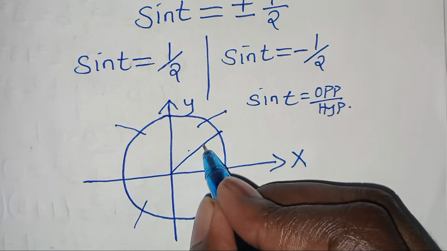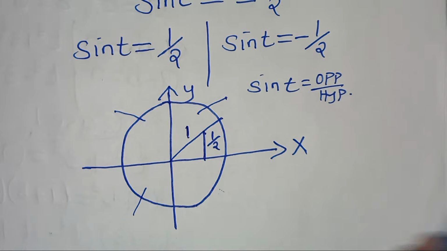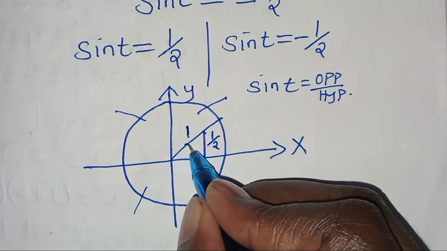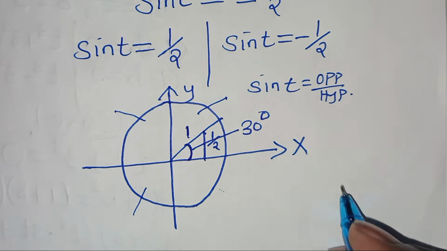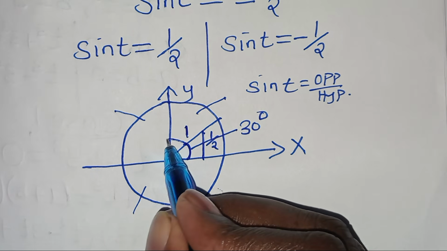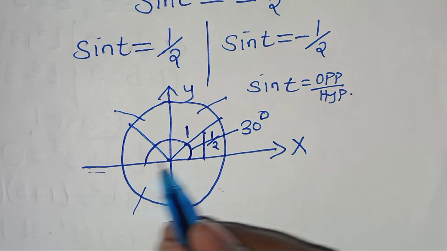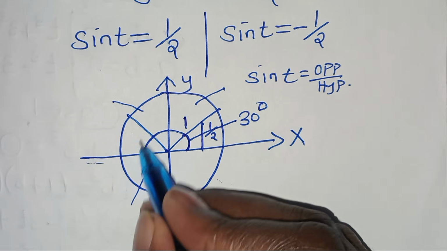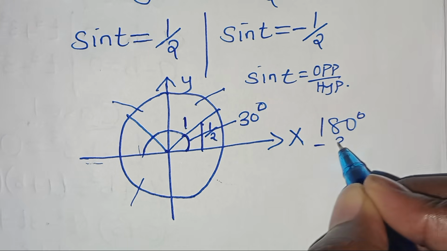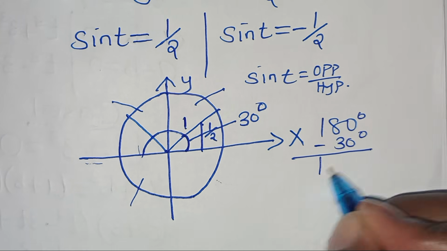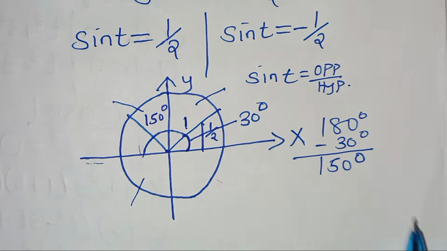The opposite here is a half, and the hypotenuse is 1. So sine of a half gives an angle of 30 degrees. In the second quadrant, we also have another angle. Remember, angles in a straight line add up to 180 degrees. So in the second quadrant, the angle is 180 degrees minus 30 degrees, which is equal to 150 degrees.